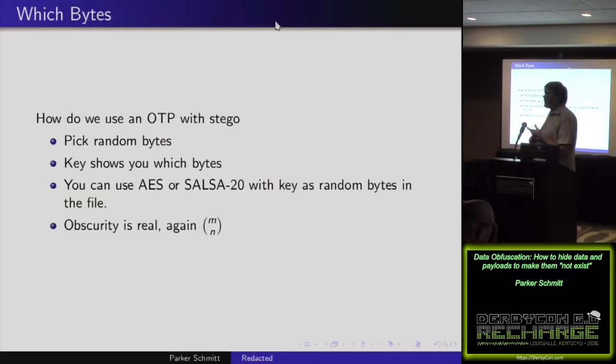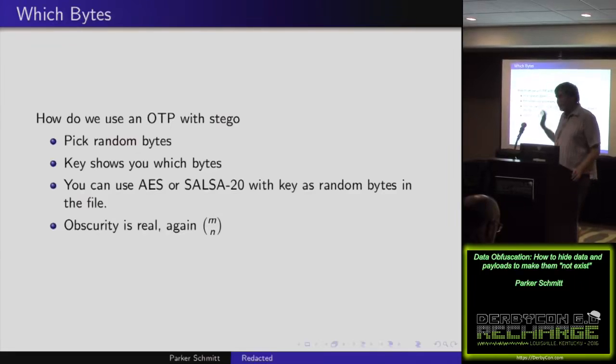Oh, how many bytes are in an image? A lot. And so if you're given a file of size m and you're choosing n bytes, it's m choose n, which is a huge number because factorials are very, very big. So if you're trying to choose 8 bytes out of a 20 meg file, good luck.